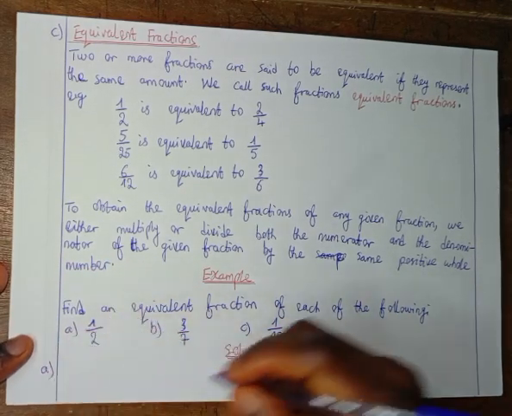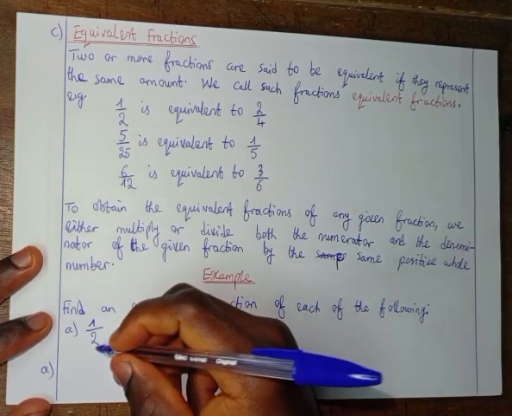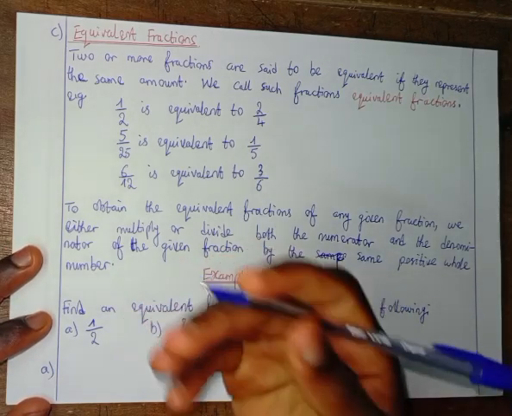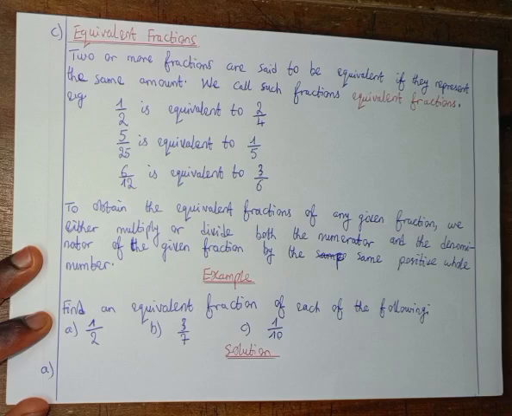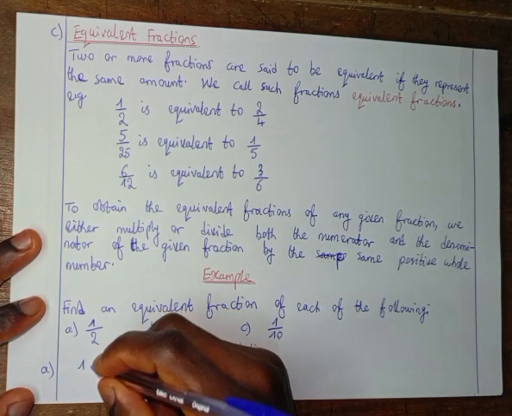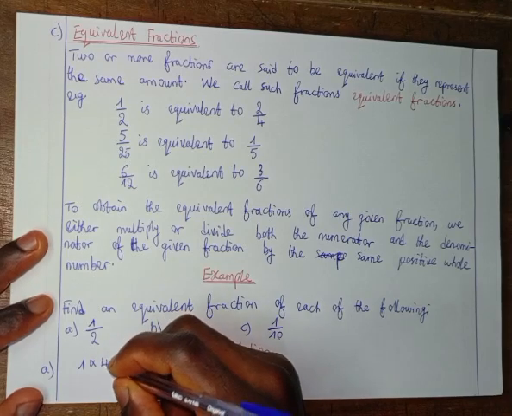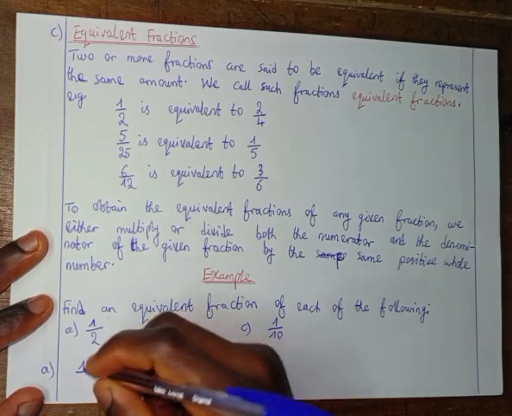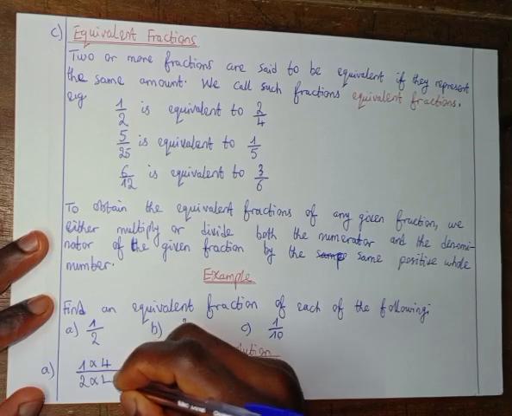For A, we need an equivalent fraction for the fraction a half. For us to get an equivalent fraction for a half, we are going to multiply both the numerator and the denominator by any positive whole number of our choice. A positive whole number should be different from the number 1. Multiply both the numerator and the denominator by the number 4. 1 times 4 all over 2 times 4.